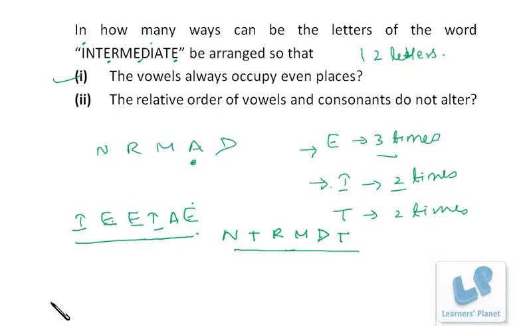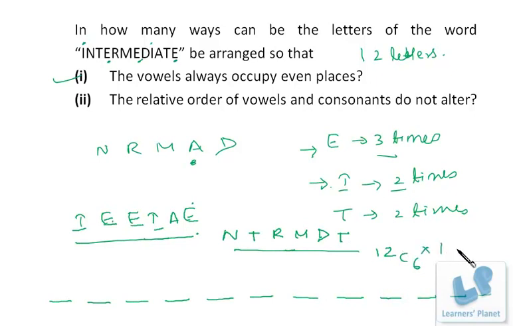I have 12 places. From these 12 places I select any 6 places, so 12C6. On the selected 6 places I have just one way of arranging the consonants, since the order should be N, T, R, M, D, and T. So there is just one way.